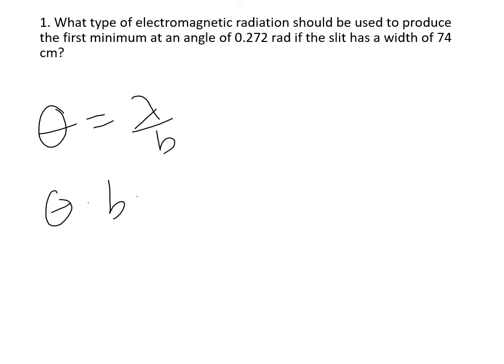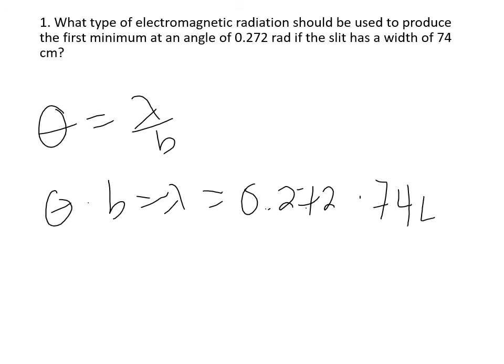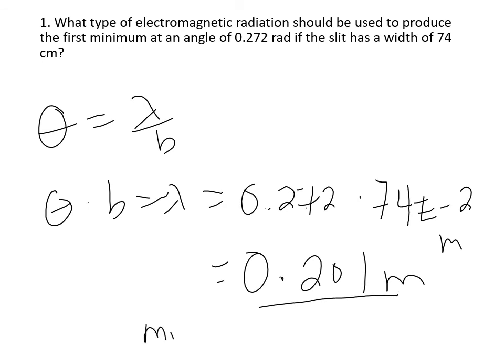Theta times b equals lambda, equal to 0.272 radians times 74e-2 meters. This will give us a wavelength of 0.201 meters. It's a pretty large wavelength, especially compared to visible light, which is in nanometers. And around this scale, these would be microwaves.